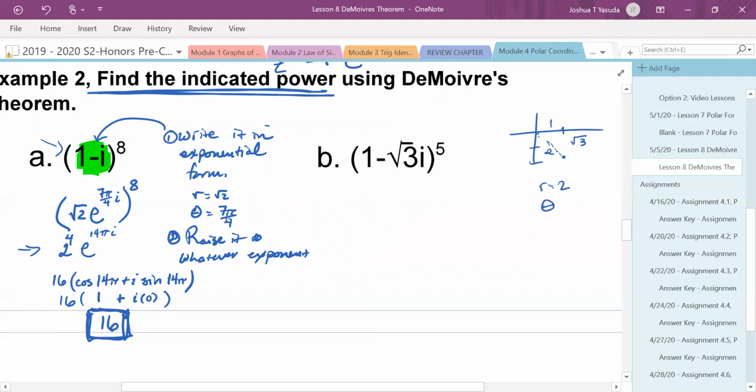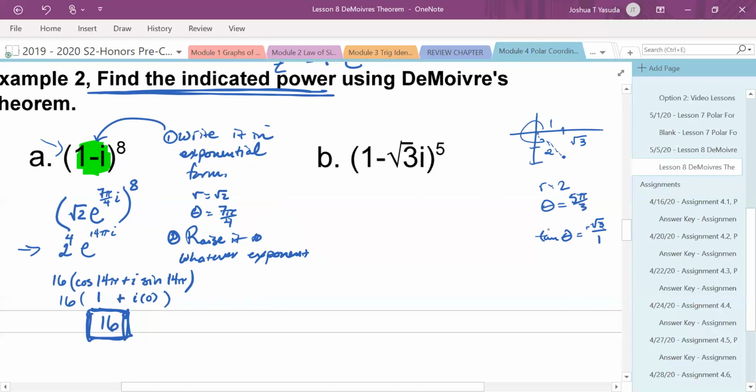And the angle, that's where I need to get to. Tangent of theta would equal negative rad 3 over 1, so negative rad 3. So we're at a pi thirds situation. Tangent of pi thirds is rad 3, so we're at 5 pi thirds.